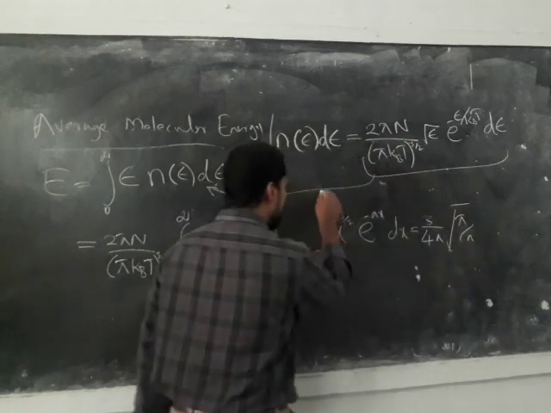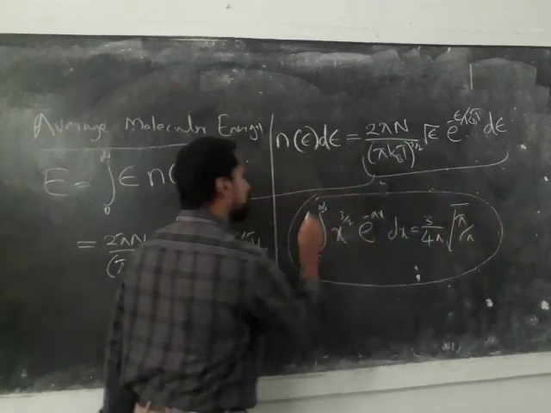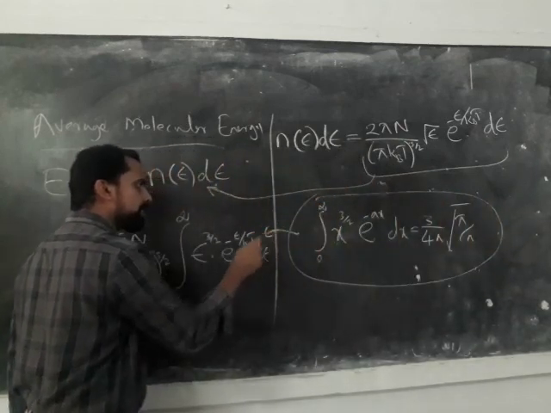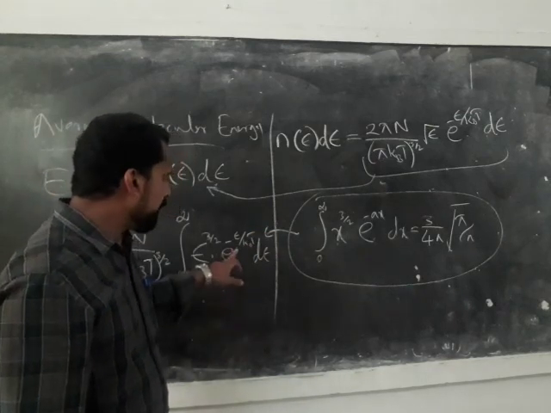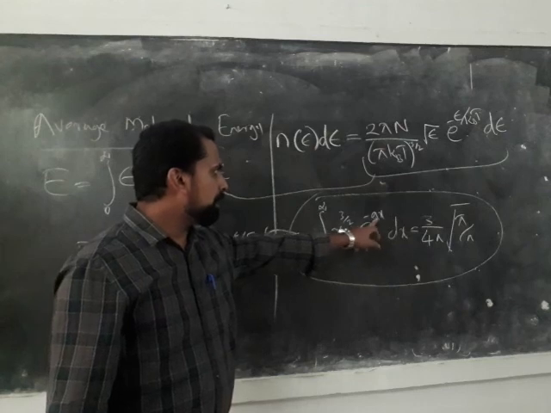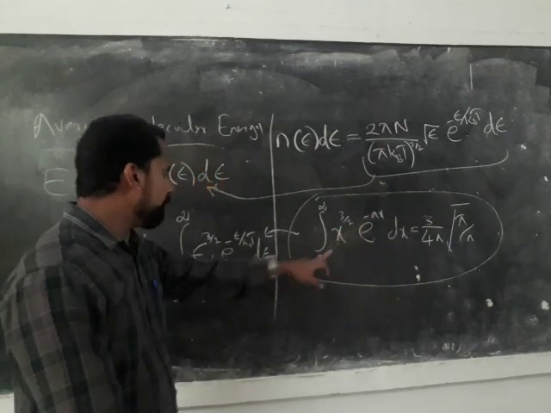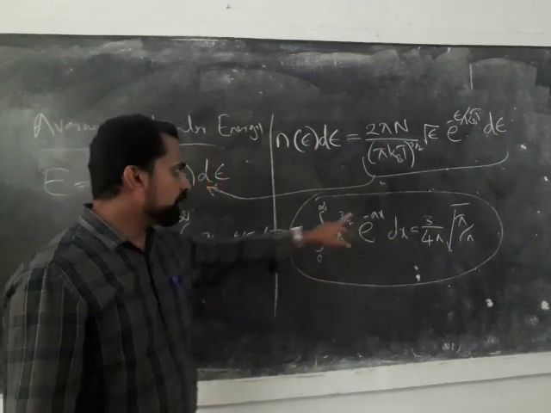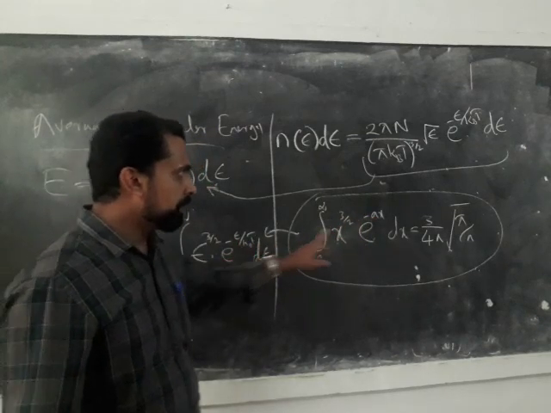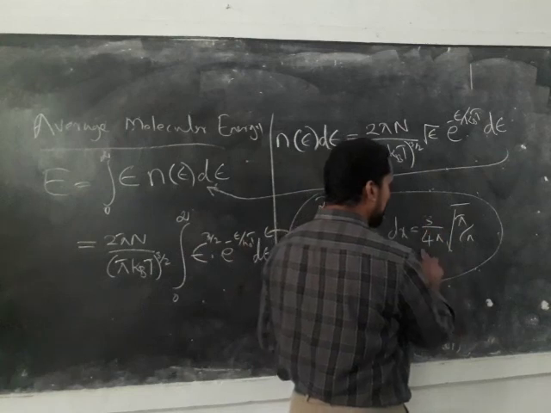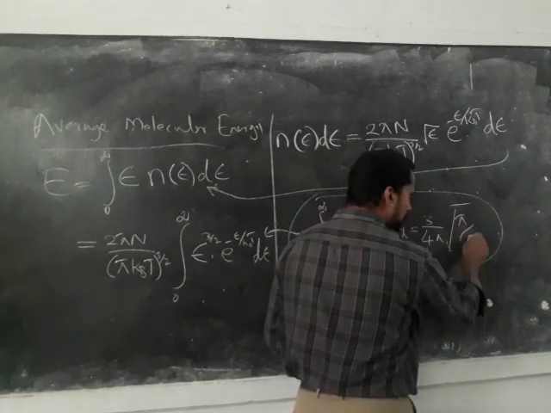This is the standard integral we are going to use. Compare these two: instead of x you have epsilon, and instead of a you have 1 by kBT.